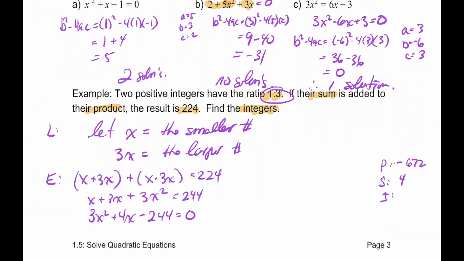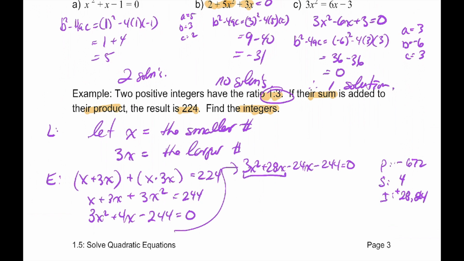And the two numbers that multiply to 672 and have a difference of 4 are 28 and 24. And because we have a positive 4, this is a positive 28. So let's decompose that to be 3x squared plus 28x minus 24x minus 244 is equal to 0.